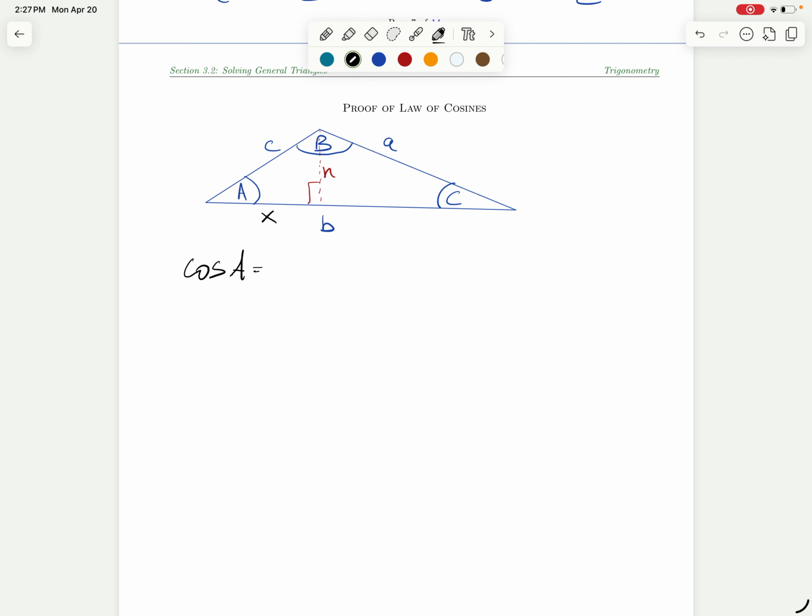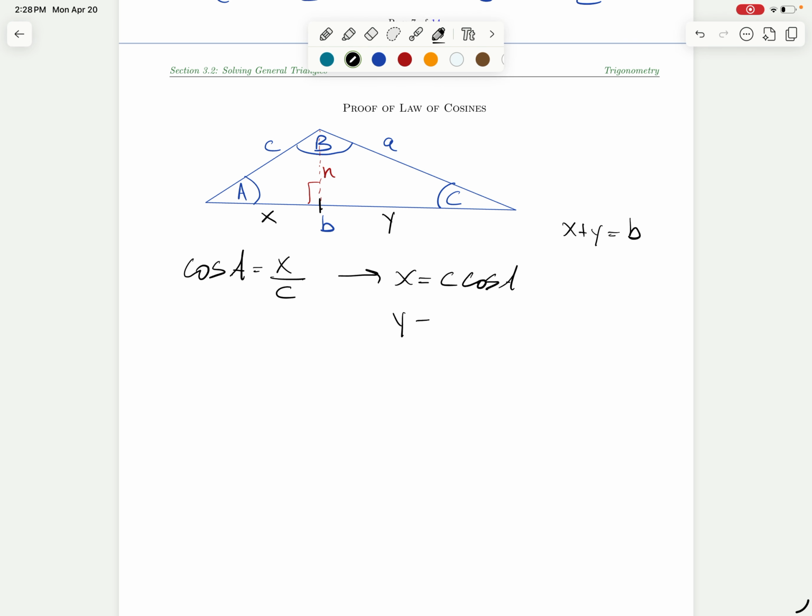Let's call that x, and let's call this part y, and let's note that x plus y equals b. We can see that we've broken b up into these two pieces. Fine, so cosine of A is adjacent, which is x, over hypotenuse, which is c. And so then I can solve for x, and I get x is c times the cosine of A.